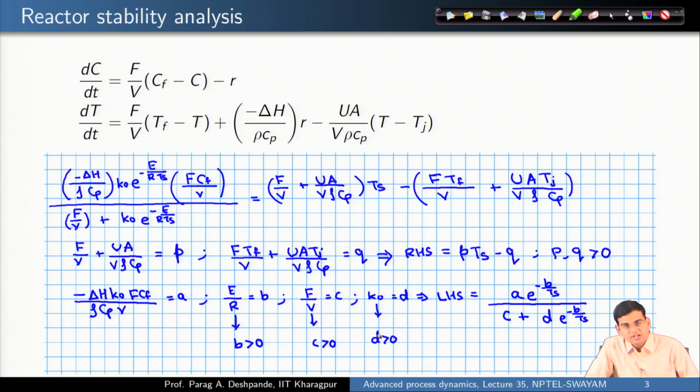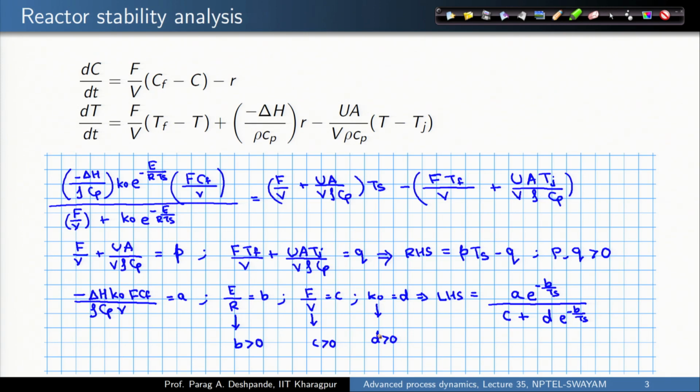Now, rest all the quantities in A, so K 0, F, C F, rho, C P, V are positives, but delta H depending upon exothermic or endothermic may be positive or negative. Okay.